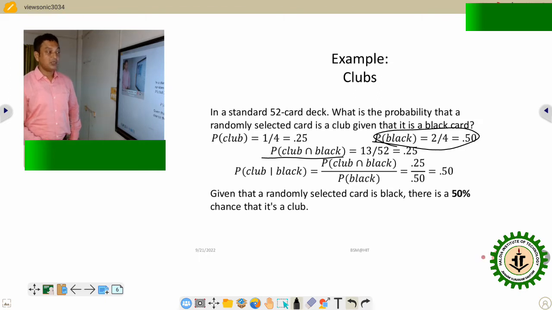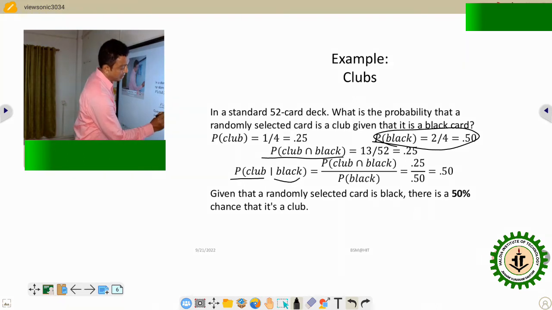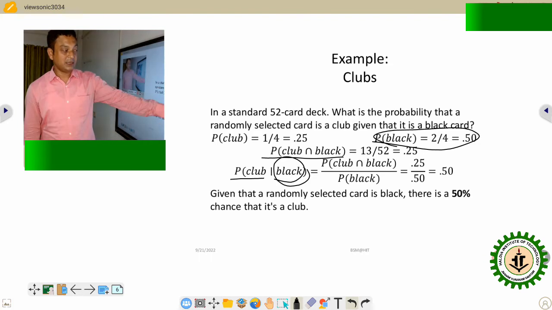So the number of such cards is 13, out of 52 total cards in a deck, which is 0.25. Now the probability of a club given black is probability of club intersection black divided by probability of black, which equals 0.5.